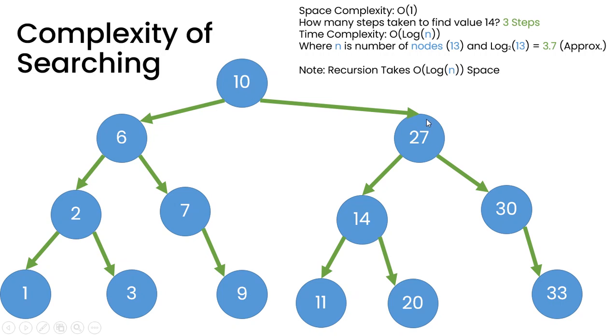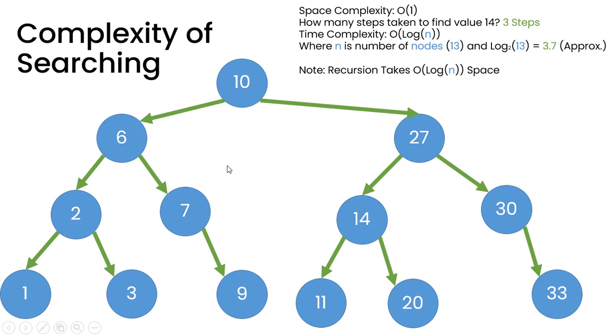So basically we have taken almost 3 steps. We have moved from 10 to 27 and 27 to 14, and from 14 we returned this value. So basically we took 3 steps. So it's O of log n, where n is the number of nodes in this tree or any tree.